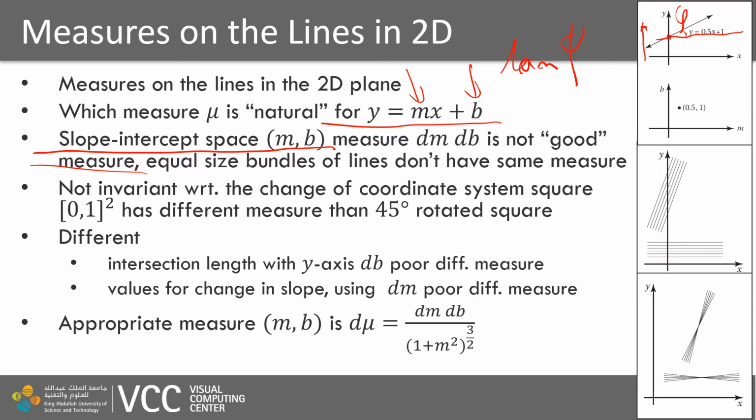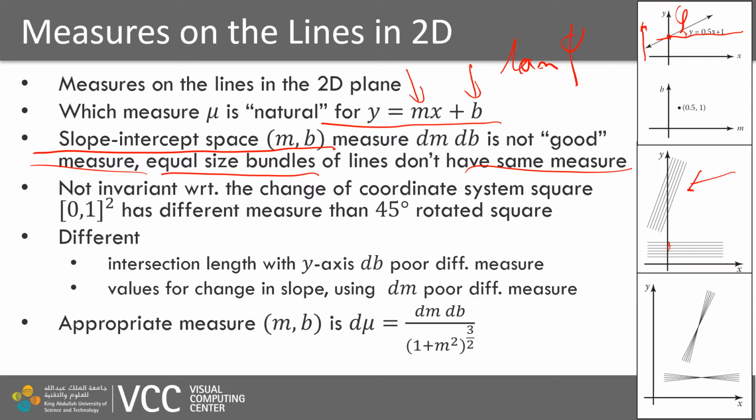One way to see this is that equal size bundles of lines will not have the same measure. For example, if we look at this case, just for the intercept part, the b part, we can see that the distances between these lines will change based on their orientation. Here the distance is the intercept.